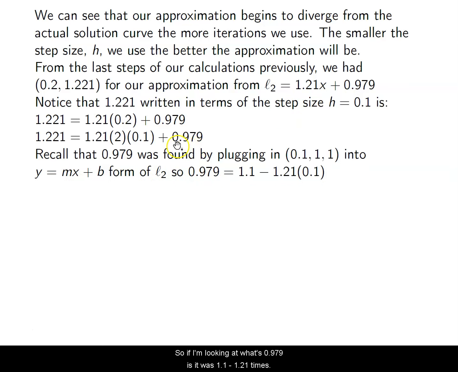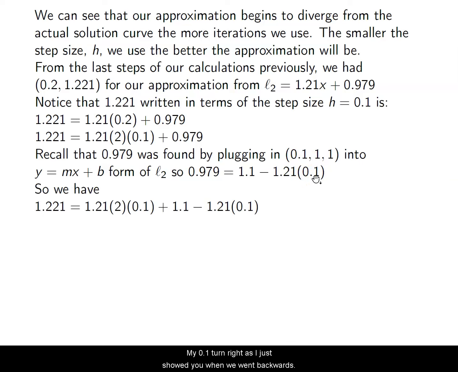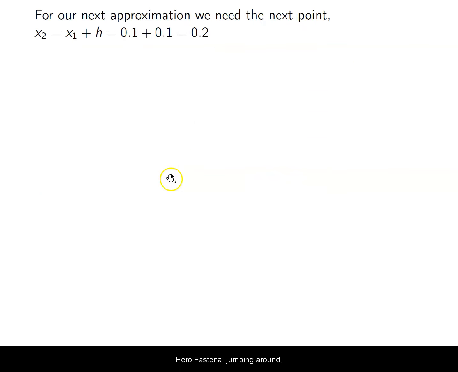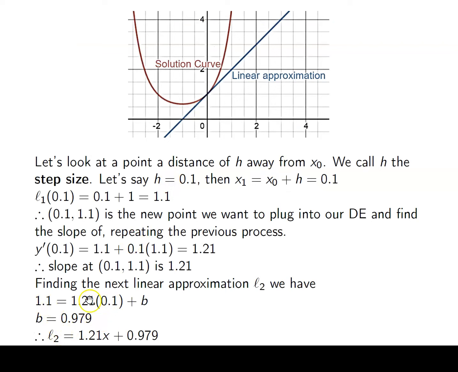So if I'm looking at what 0.979 is, it was 1.1 minus 1.21 times my 0.1 term, right? As I just showed you when we went backwards. So I have that 1.221, right? I'm taking this thing here. This part stays the same. And I'm replacing how I found here into my equation, all right? I found that by using y equals mx plus b on this equation here that we had, right?